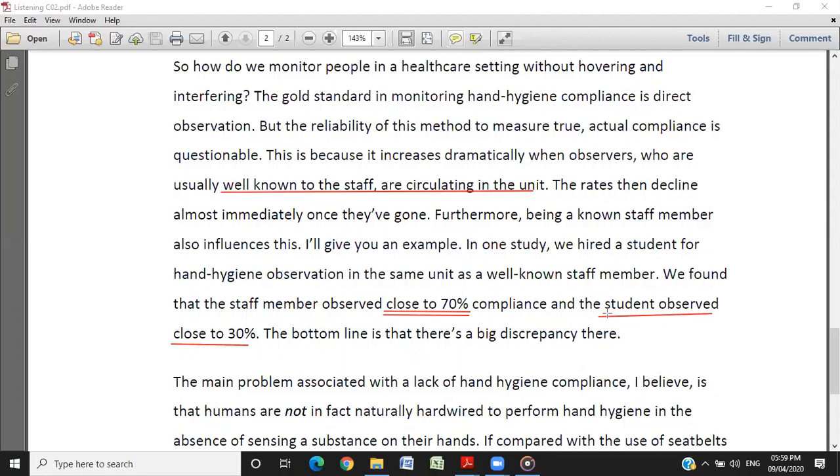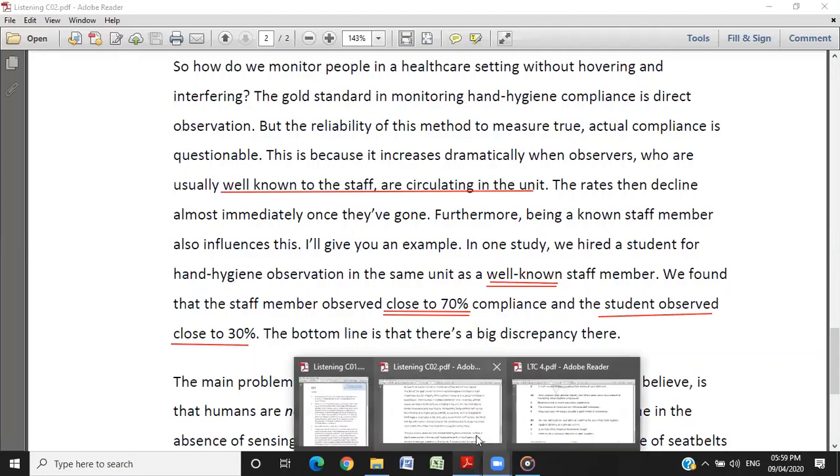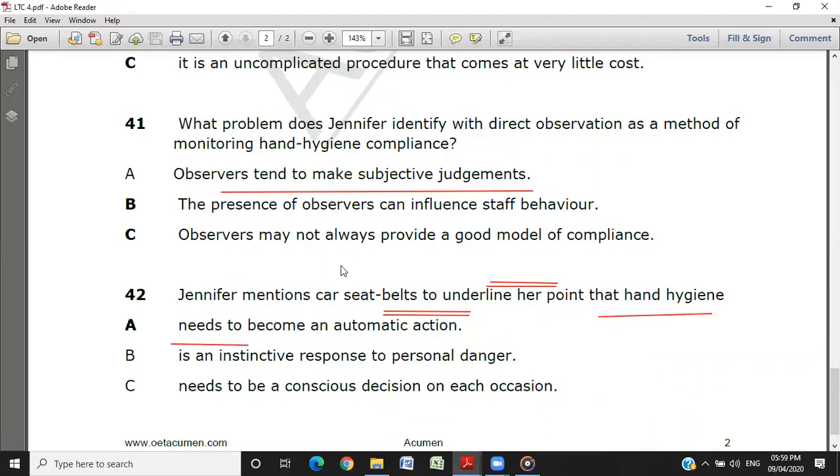So this doesn't prove that direct observation is not a good option, but it could be a problem, particularly when the well-known staff member becomes a direct observer. So B is the correct answer here. How the presence of an observer can affect staff behavior.